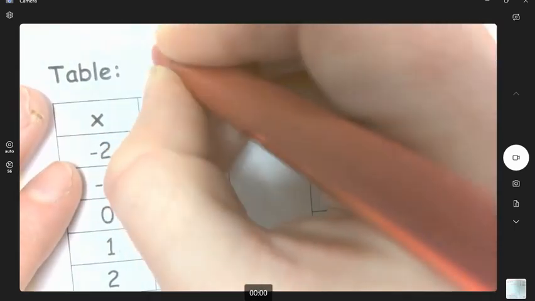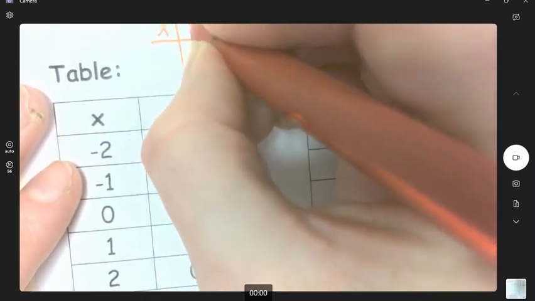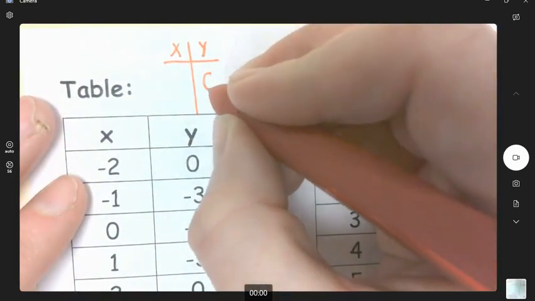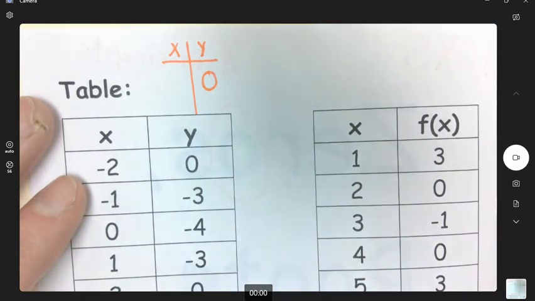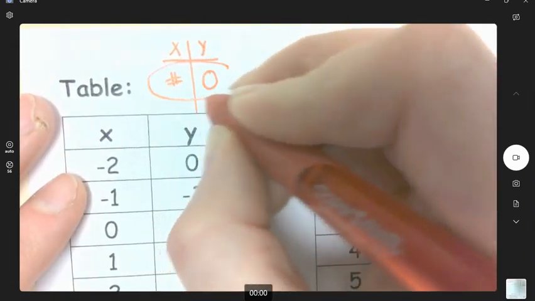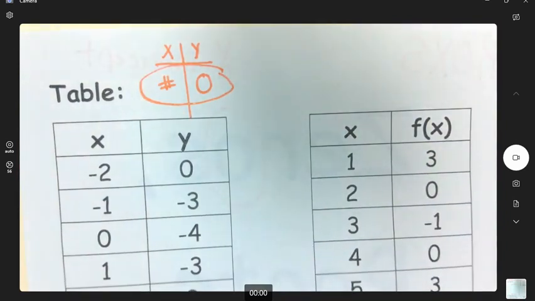So on a table of values, x comma y, what you're looking for is where y is 0. X is some number. You will circle them. You could have 1, you could have 2, but to say that there's none, you do have to graph it in Desmos because it might be there, just not in our current table that we can see.